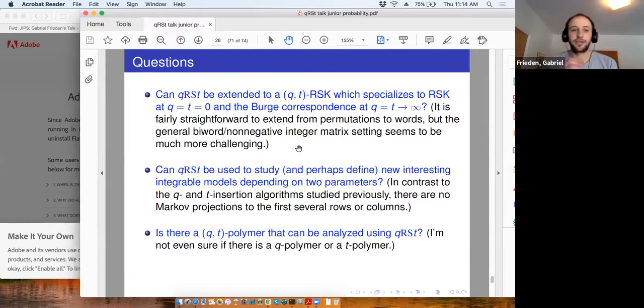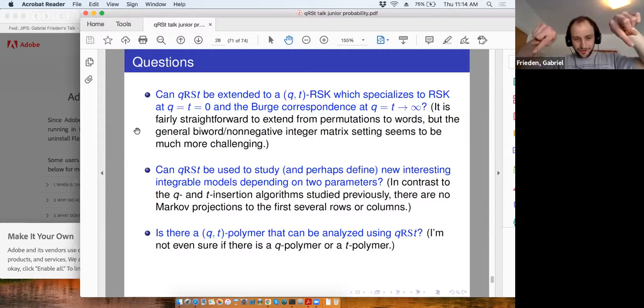Okay, and then here are some questions that I hope people in this audience might have some answers to. So there's this question of trying to extend to RSK. The dream, the hope, is that there is a q-TRSK which specializes to the qRSK.